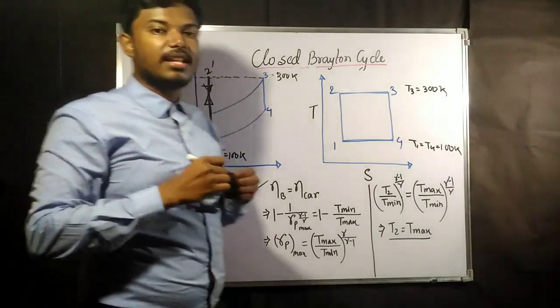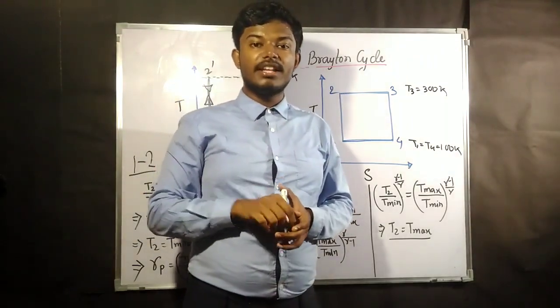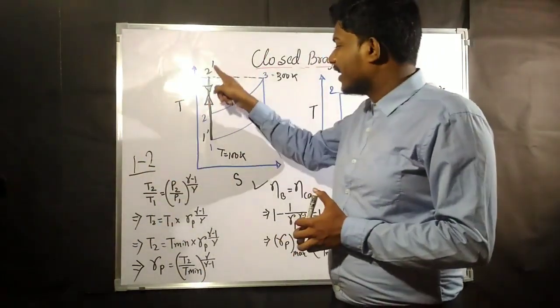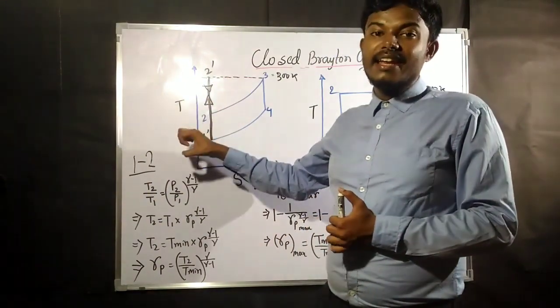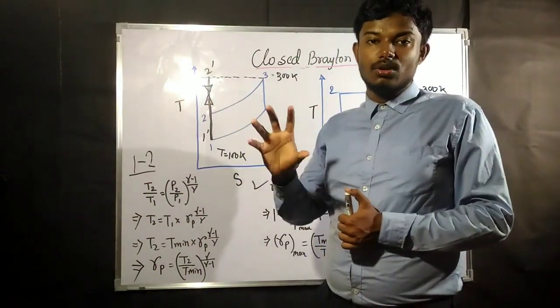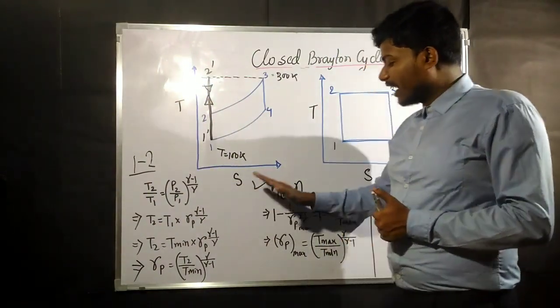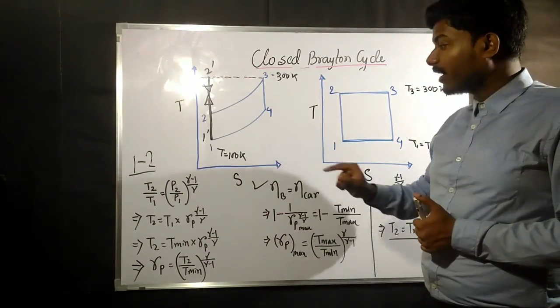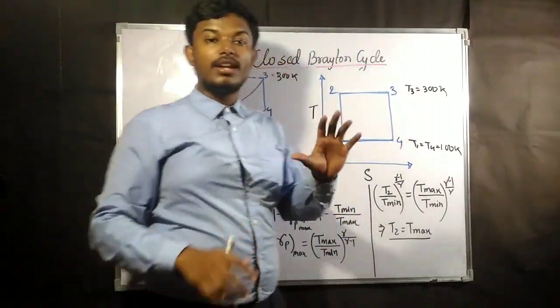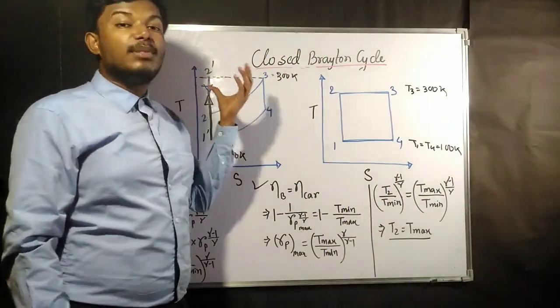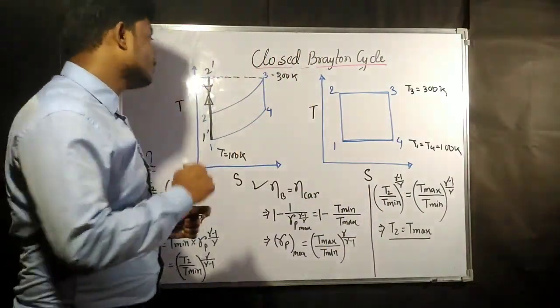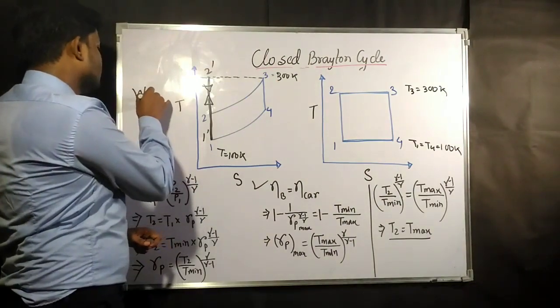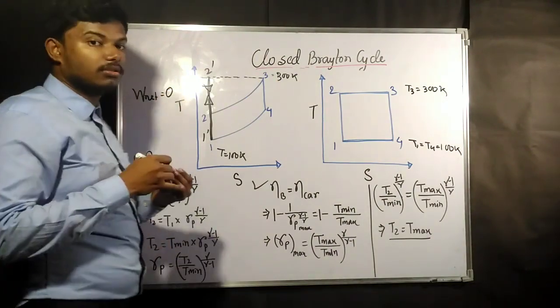If your cycle is only a straight line, what is the area bounded by this straight line? 0. That means under the maximum Brayton efficiency conditions, the W net we get is going to be 0.